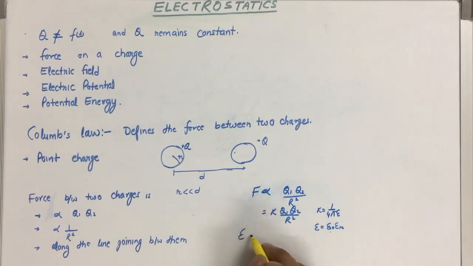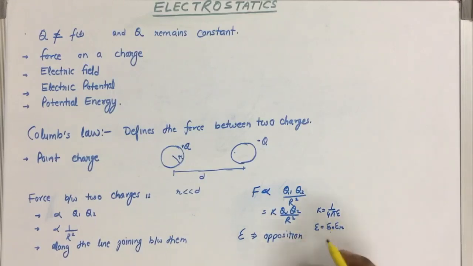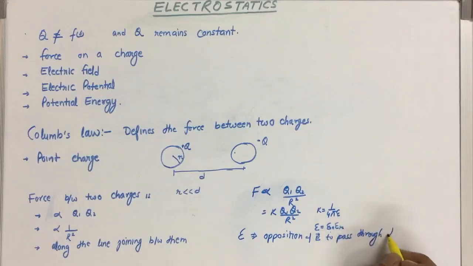So epsilon can be written as opposition of the electric field to pass through the material.